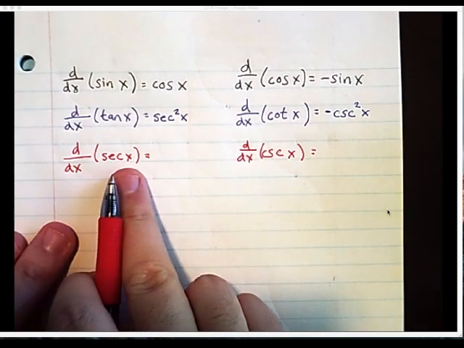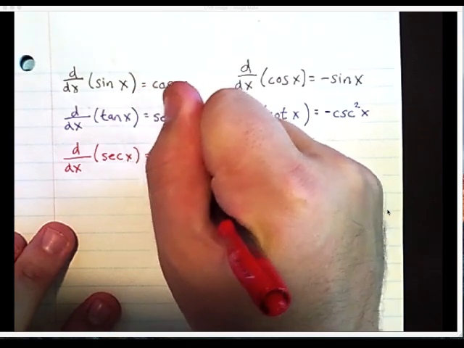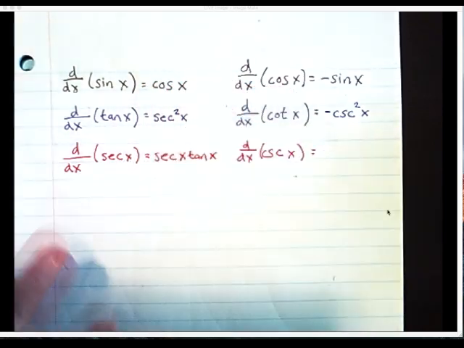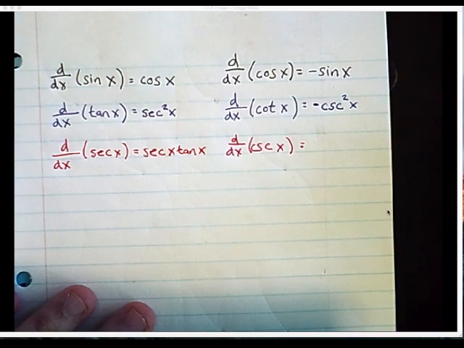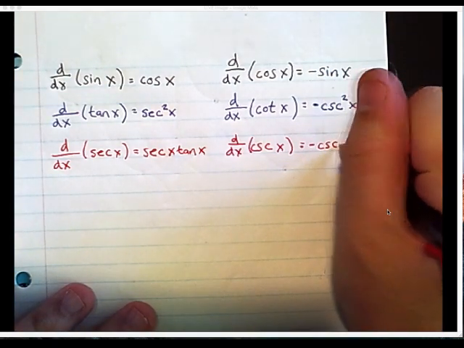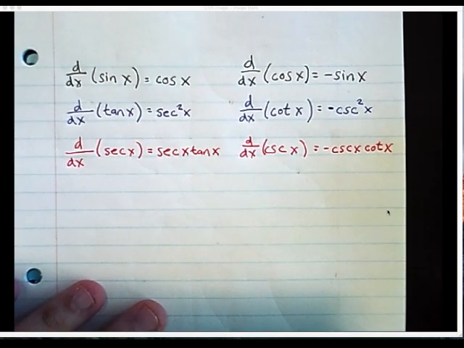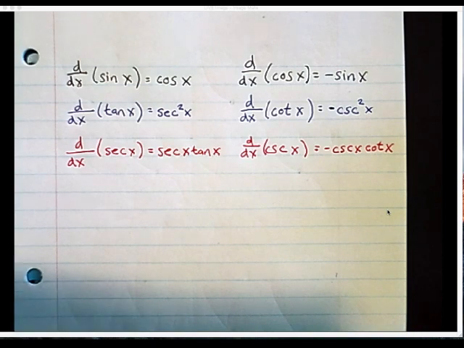The derivative of secant is secant of x tangent of x. And the derivative of cosecant is actually negative cosecant of x cotangent of x. You do need to memorize these and you have to know them well.